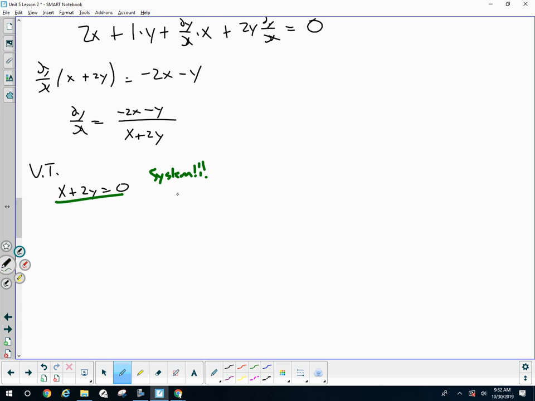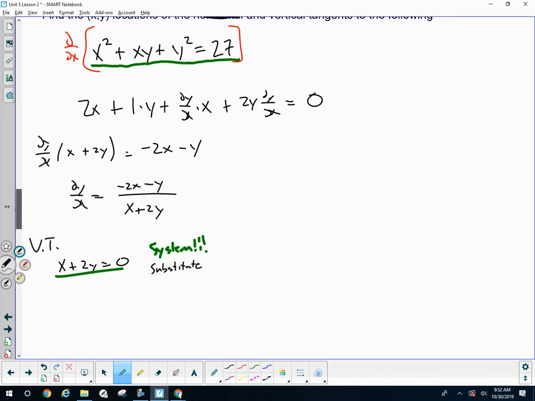I will substitute to solve my system, just like we substituted before. What is going to be easiest to do is to solve this for a variable. Once I've solved it for a variable, I'm going to plug it back into that original equation. Let's go ahead and do that over here and see what happens.